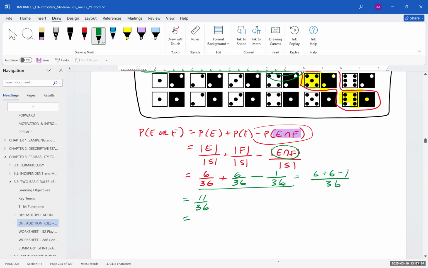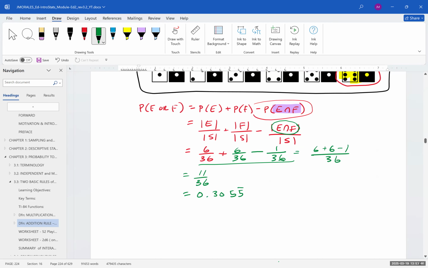And 11 divided by 36 comes out to 0.305 repeating, so the probability of E or F is 30.56%, I'm just going to round this, like that.